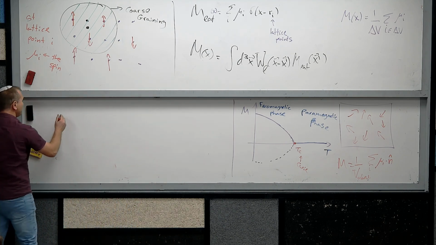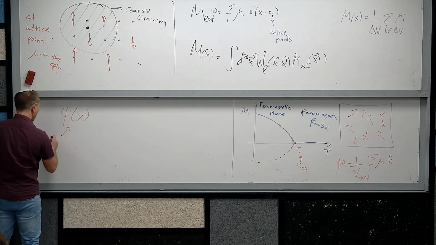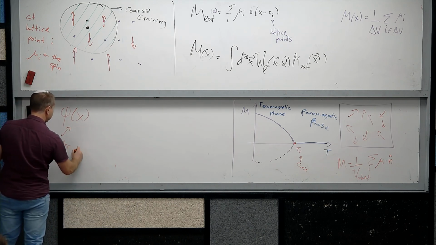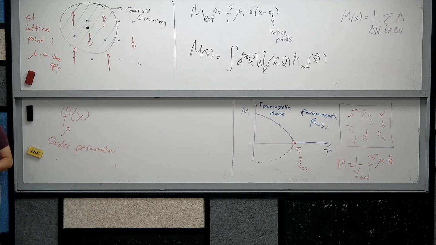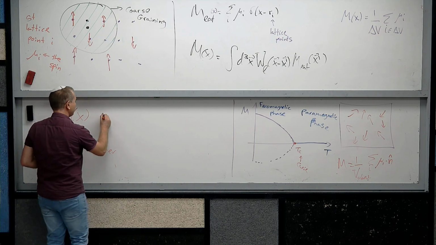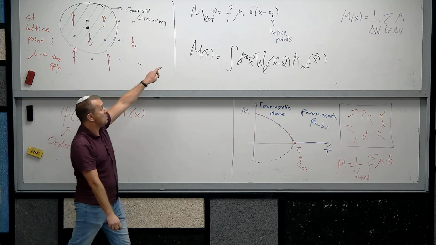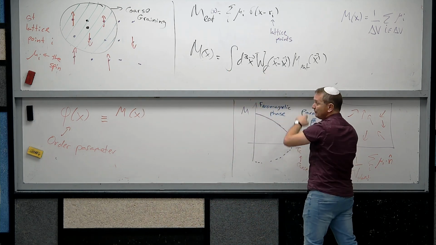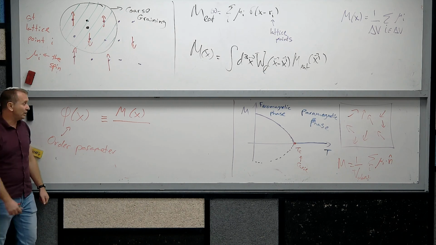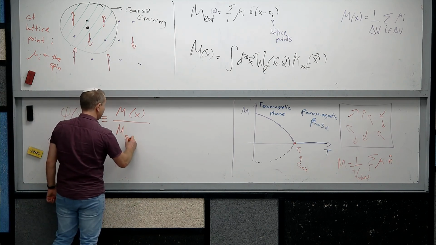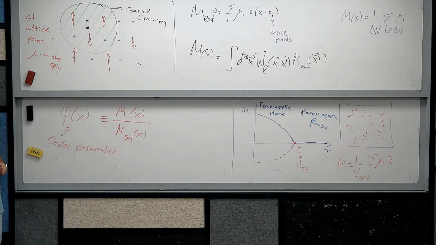I want to describe phi of x, the order parameter. What is this phi of x? Say, this is M of x, whatever I have measured over here, divided by some saturation. Let's call it M saturation of x. What is M saturation of x?